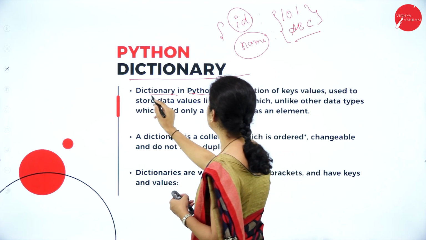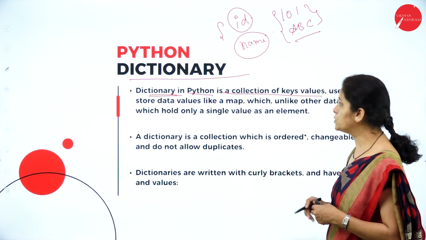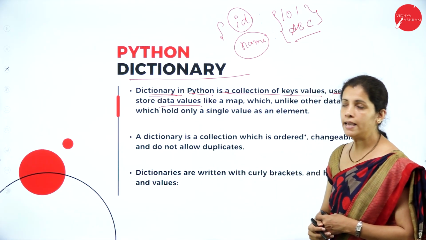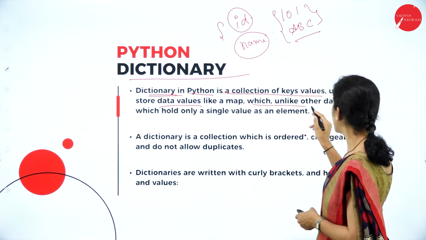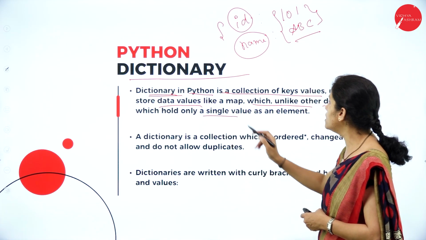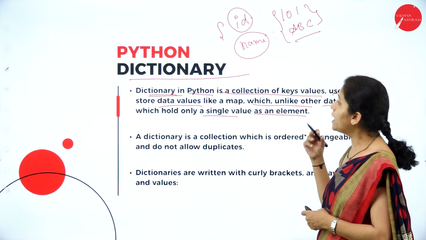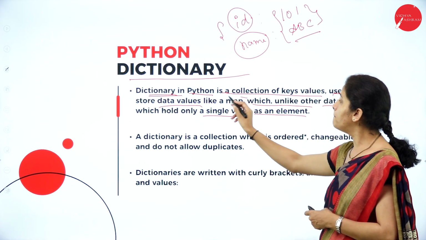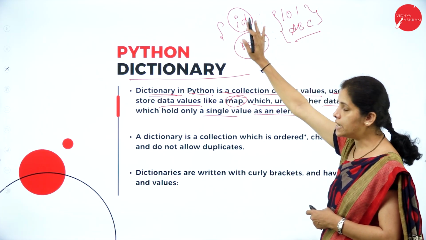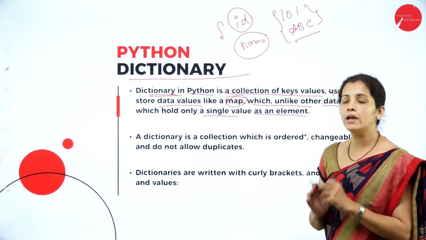Okay, fine. A dictionary in Python is a collection of key values used to store data values like a map, unlike other data types, which hold only a single value as an element. So where am I going to use a dictionary? In maps. What kind of value do I have? I have key as well as value, so it is called a key-value pair.